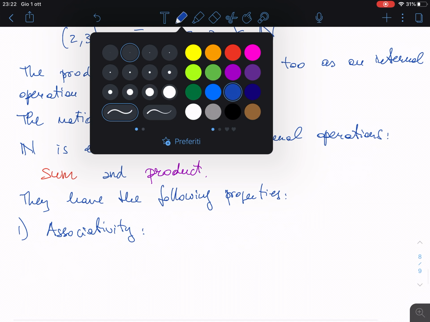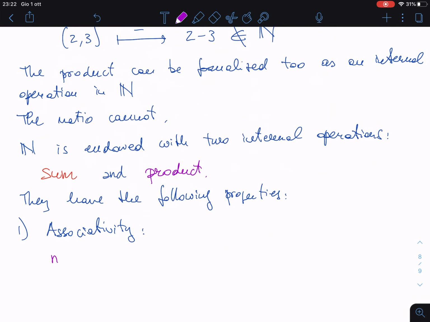So associativity means that if you have three numbers n, m, and k, and you first perform n plus m and then add k, the result is the same as first computing m plus k and afterwards summing n. This is associativity, and it is the same for product.